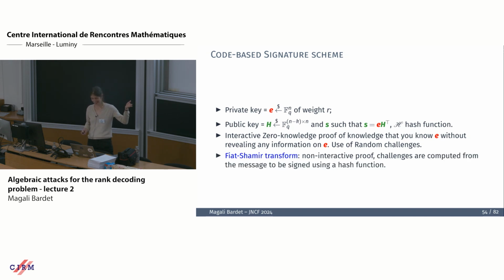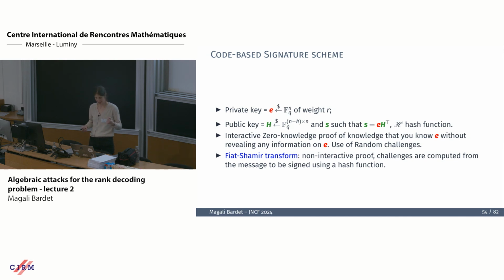Just to finish that, it's interactive, and the security is based on the fact that you take values at random to ask the prover to prove part of a problem. And the prover cannot know in advance which part he will be asked to prove, so he has to provide the proof for all the parts. And if he can prove all the parts, then he knows the secret.